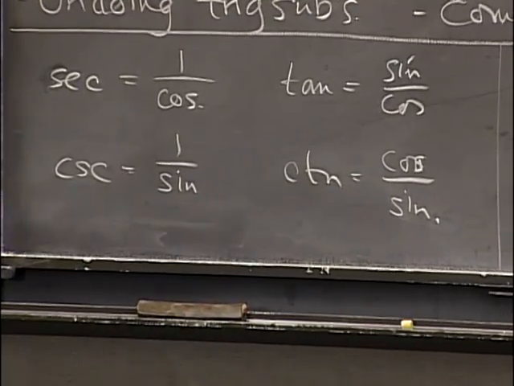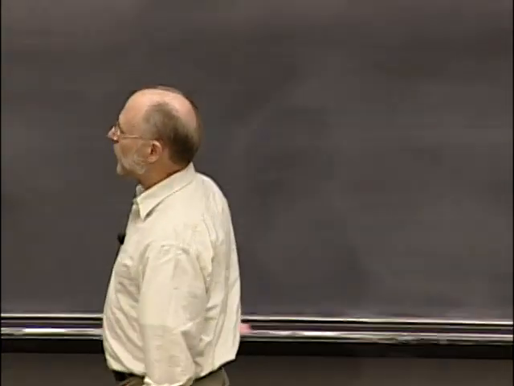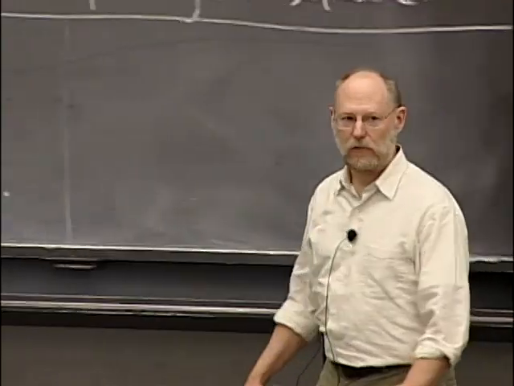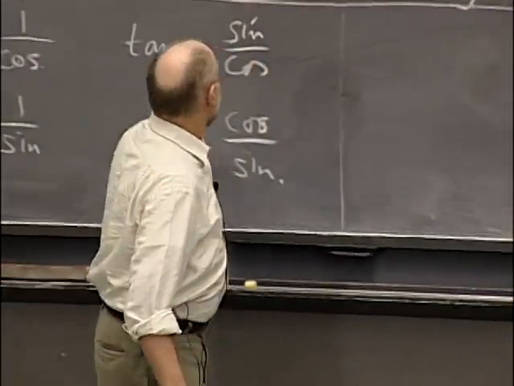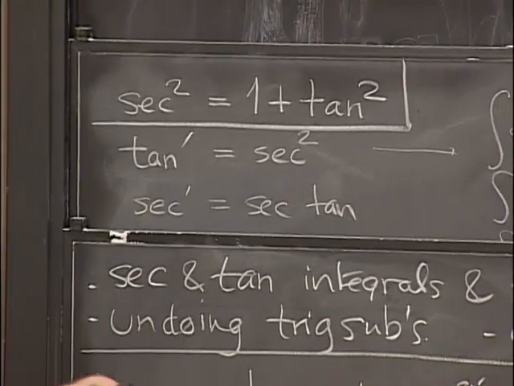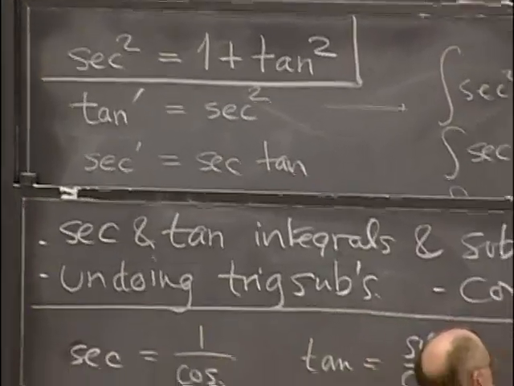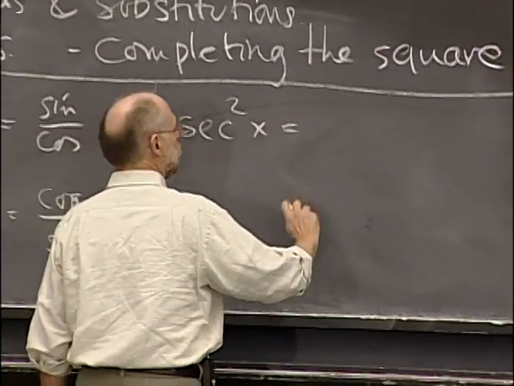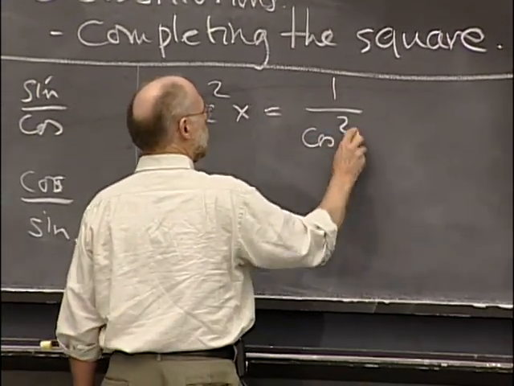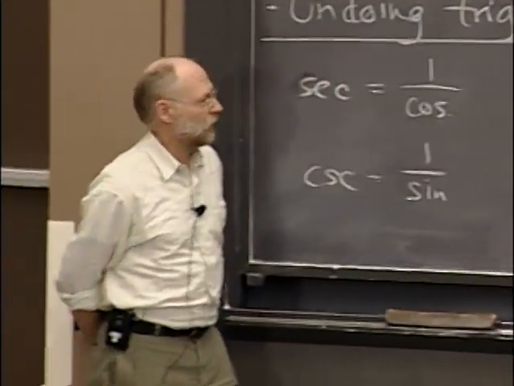Well, I have a few identities involving tangent and secant up there in that little prepared blackboard above. Maybe I'll just go through and check them out to make sure that we're all on the same page. So I'm going to claim that there's this trig identity at the top: secant squared is 1 plus the tangent squared. So let's just check that out. The secant is 1 over the cosine, so secant squared is 1 over cosine squared.